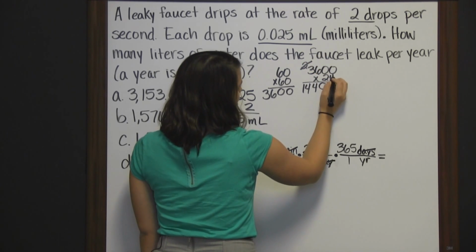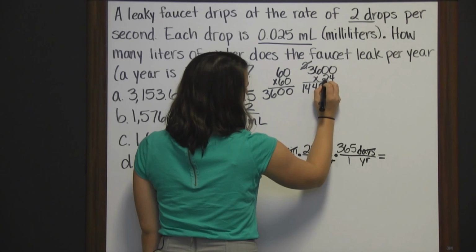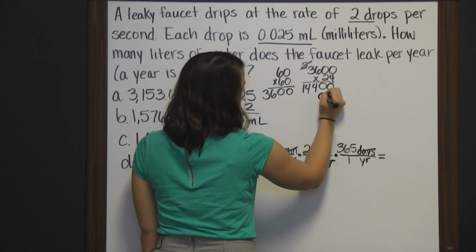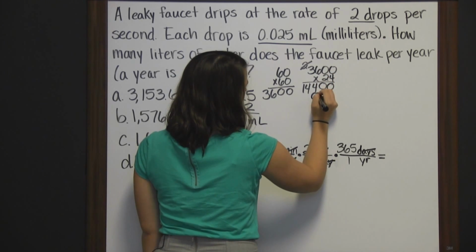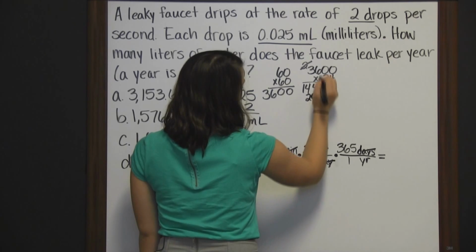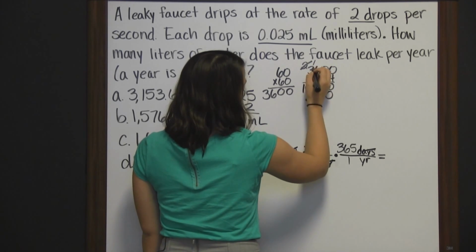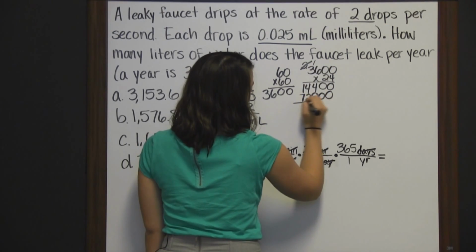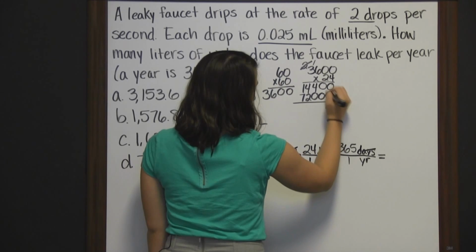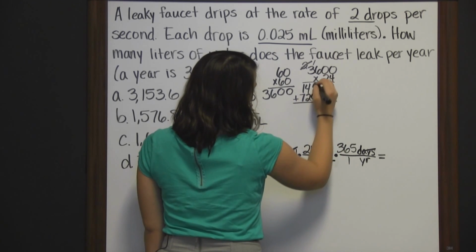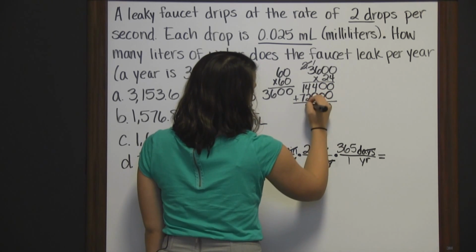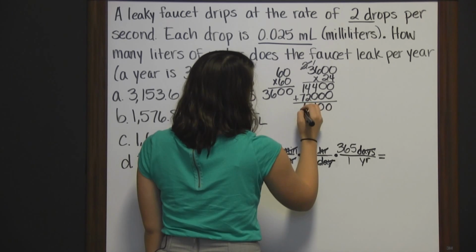Put a 0 placeholder for the 4 and move on to the 2. 2 times 0 is 0, 2 times 0 is 0, 2 times 6 is 12, carry the 1, and 2 times 3 is 6, plus 1 is 7. Add up your zeros. 4 plus 0 is 4, 4 plus 2 is 6, 1 plus 7 is 8.